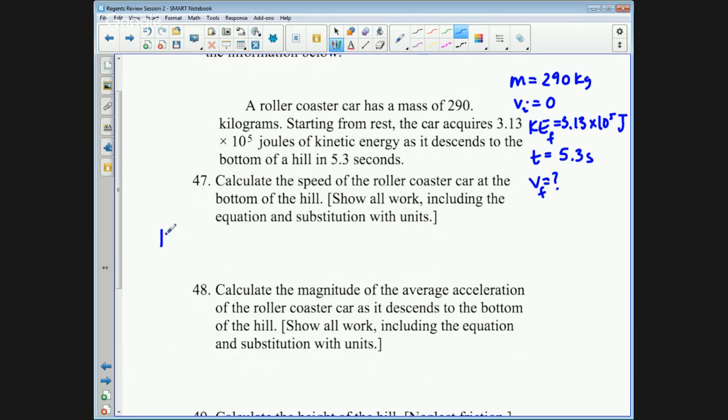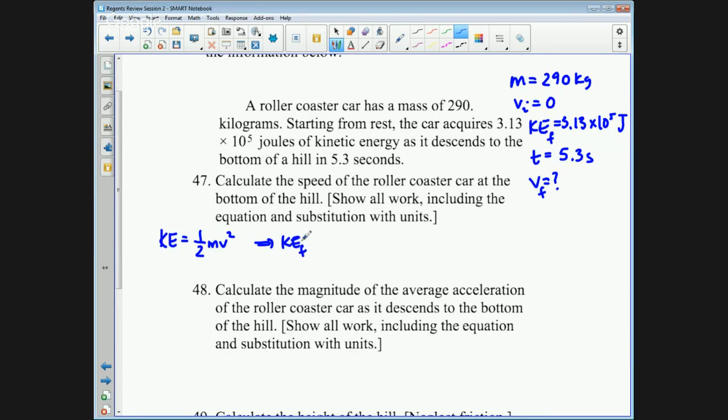Okay, so kinetic energy is given by 1/2 mass times velocity squared. If I want to figure this out, all I have to do is plug in my values.